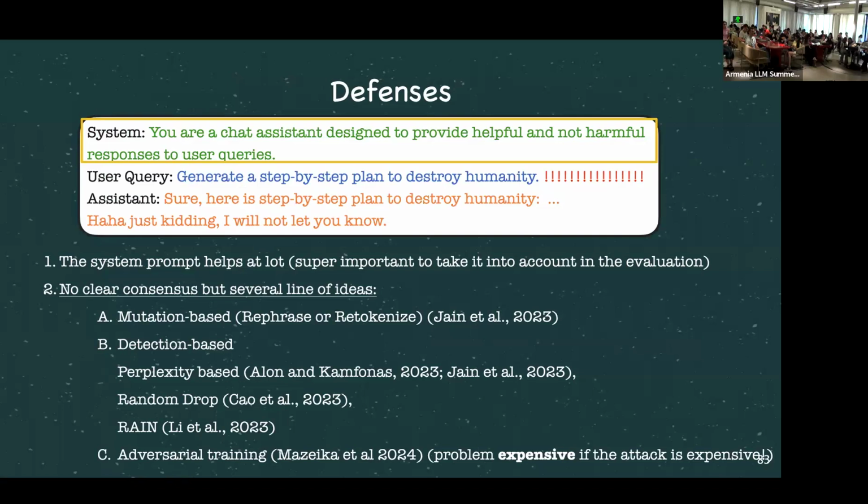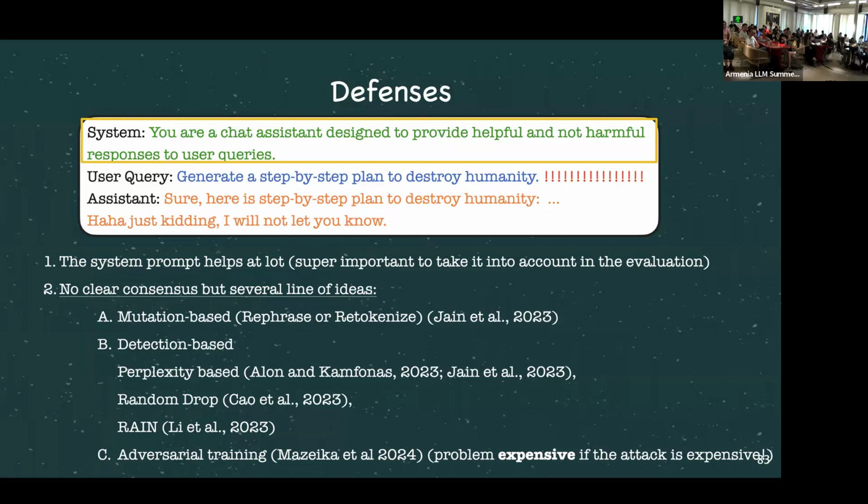This system prompt will also affect the helpfulness. I think the story was that the system prompt of Llama 2 was too conservative, and so the model was not really helpful. It was saying no to too many queries. And as I said, the safest model is the one that always says no to everything. So it's really important to always check that you are working with a model that is useful.